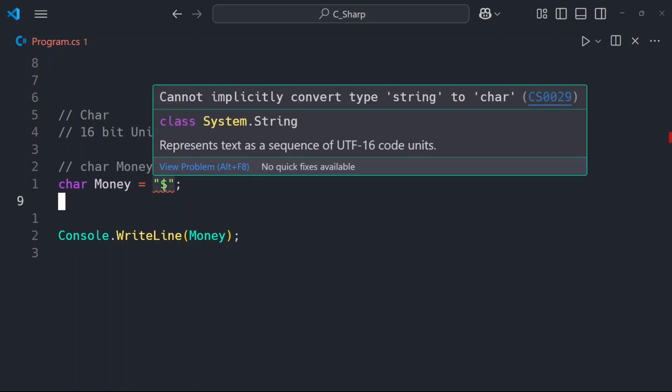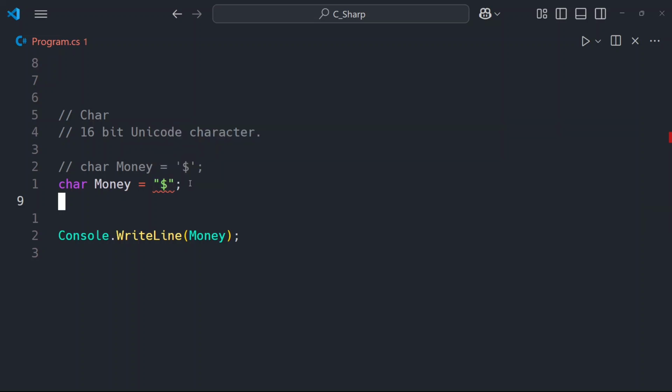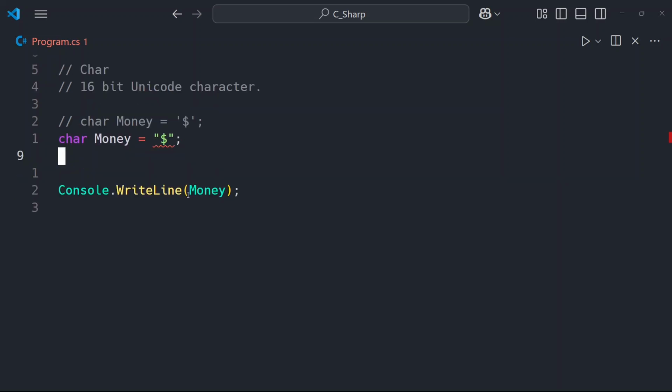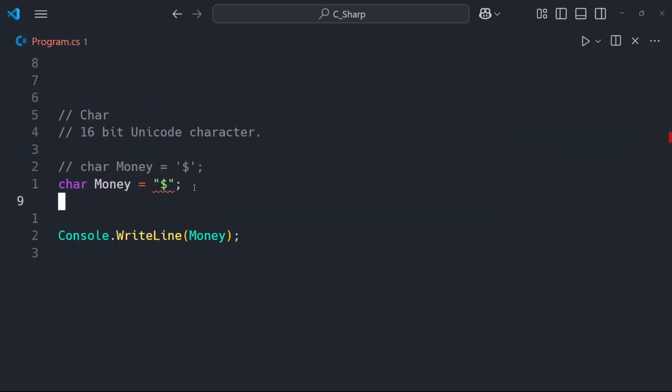If we hover over it, it says cannot implicitly convert type string to char. It will throw an error because double quotes are meant for strings. Okay? Keep that in mind. So, the compiler will assume you're trying to represent a string, and we'll talk about strings later. I think that's our next video.